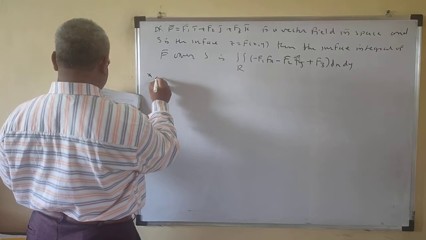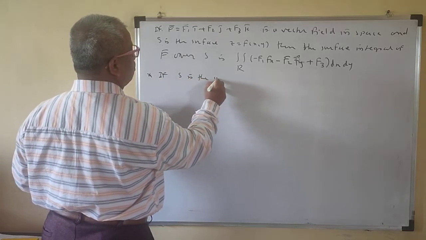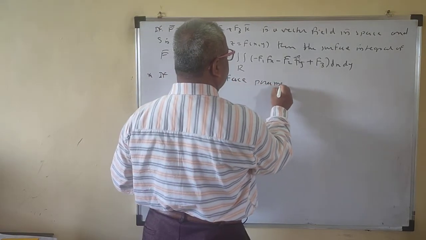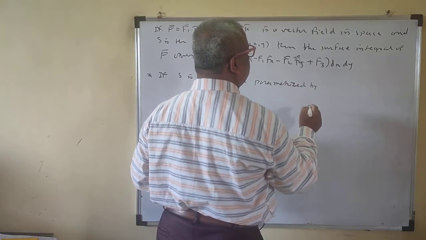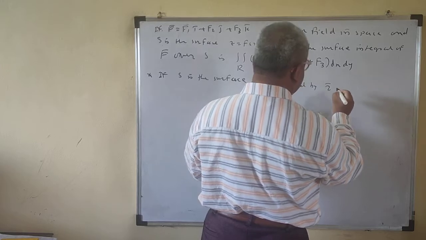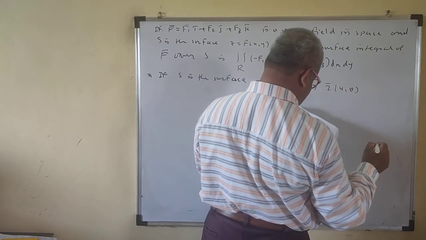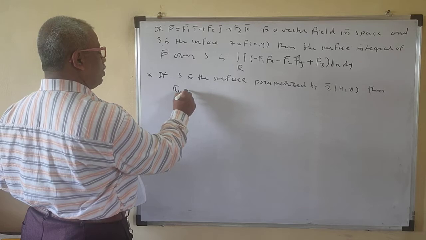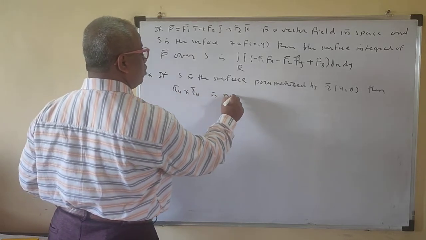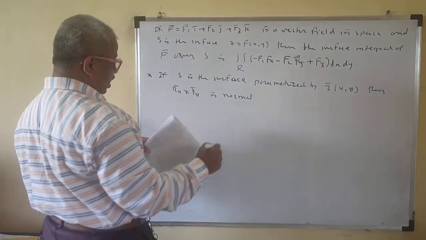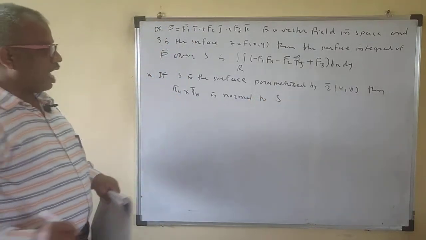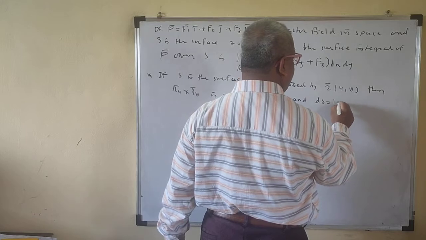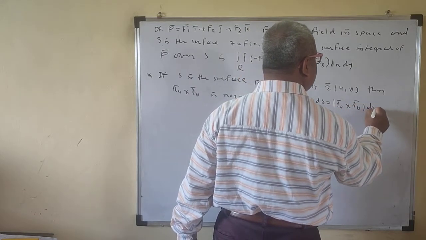Also remember that if S is the surface parameterized by r bar of u, v, then r u bar cross r v bar is normal to S, and ds is equal to mod of r u bar cross r v bar du dv.